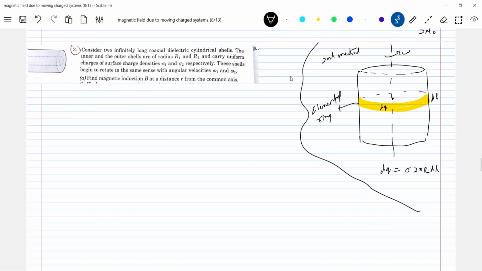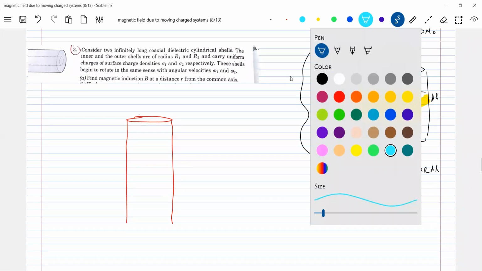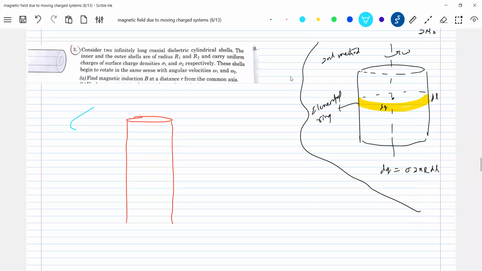Okay, let me put the diagram in a slightly simplified way. Two rings are there. Already you know the formula. Take the help of just the resultant superposition of the fields. You carry on and get the answer.